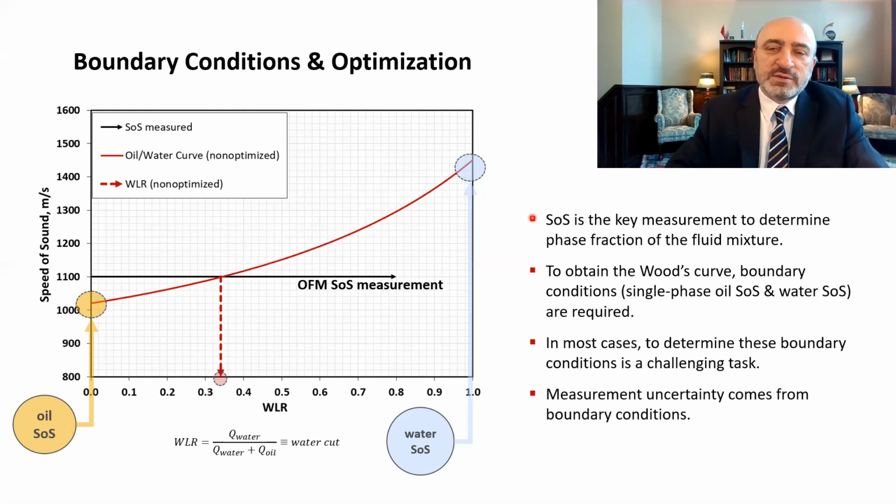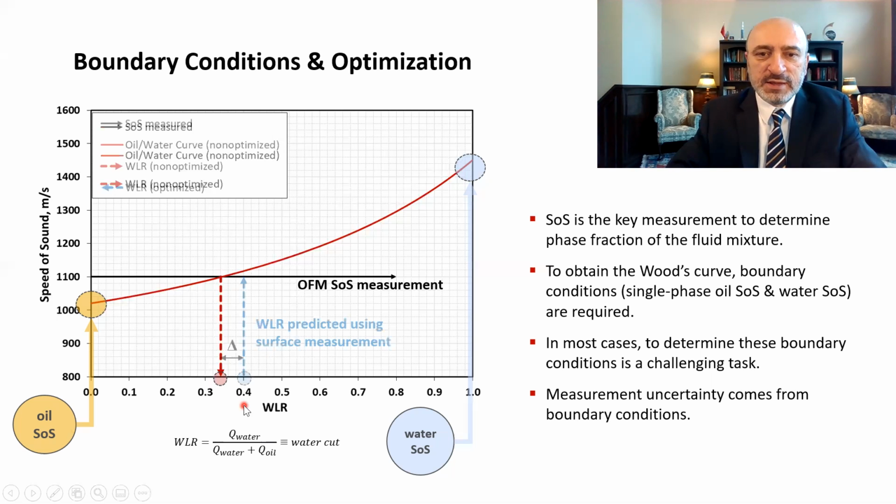So let's, for demonstration purposes, assume that we have a test separator water cut, and we assume that that water cut is the correct water cut. And the first thing we would do is to convert the test separator water cut to inline conditions. And here is what is done here.